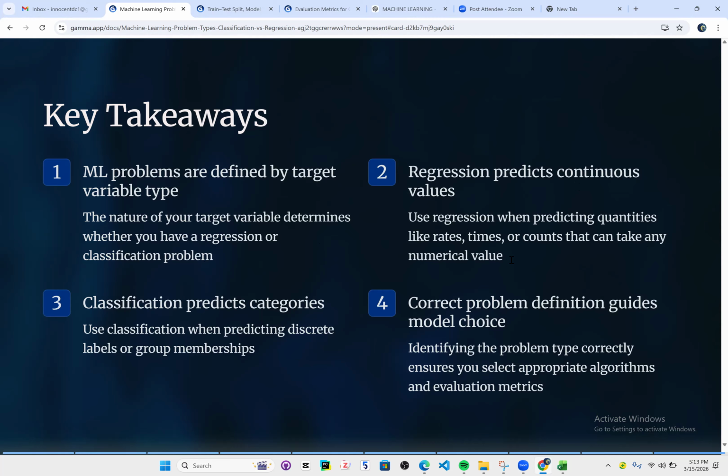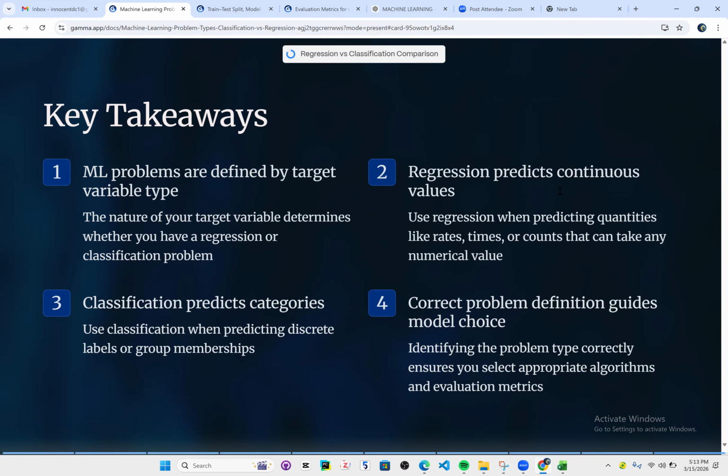Classification predicts categories. You use classification when predicting discrete labels or group membership. And the correct problem definition guides model choice. So identify the problem type correctly and ensure you select the appropriate algorithm and evaluation metrics.